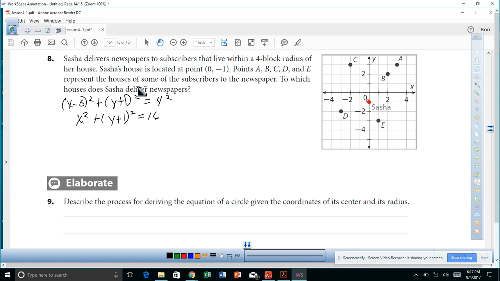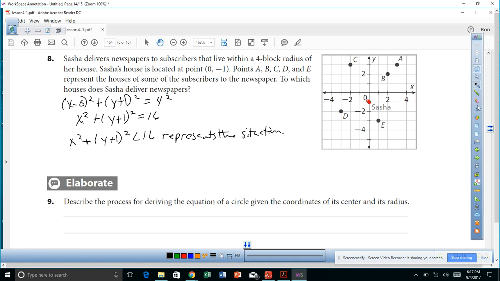So we got the inequality x squared plus y plus 1 squared is less than 16 represents the situation. The points inside the circle satisfy the inequality.